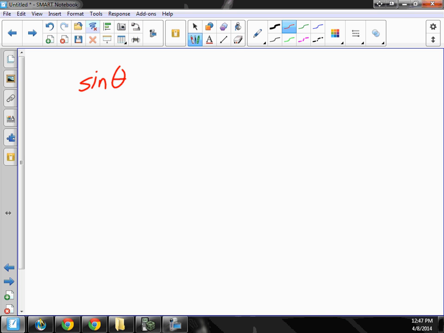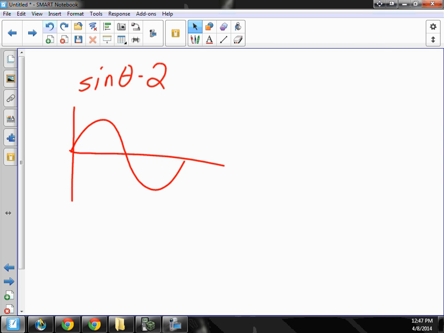What about sine of theta minus 2? And if those are in parentheses, then it means they're together. But if they're not in parentheses, then they're separate. So sine of theta minus 2, what would that mean? You're going to take your normal spaghettis and you're going to drop them 2 units. So if that's my regular sine, this point is going to come down to here.